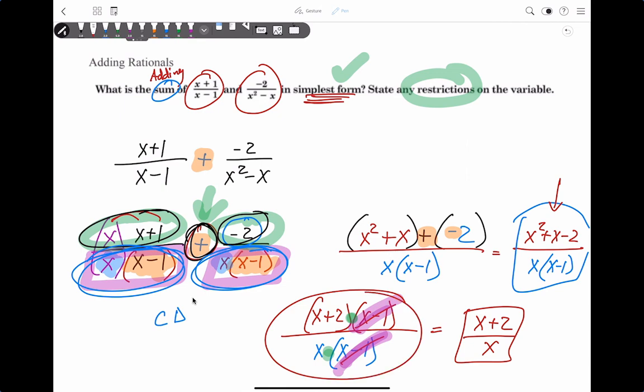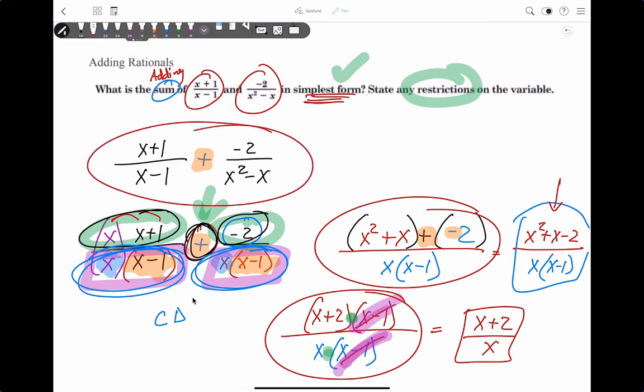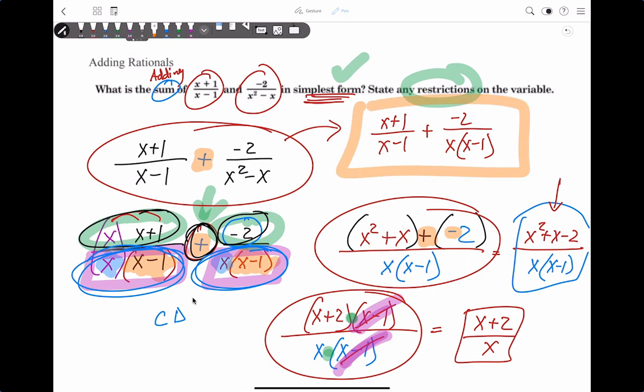by looking at the final answer before it was reduced, but also before and even during the problem. Okay, so let's go back to here when I first had x plus 1 over x minus 1 plus a negative 2 over a factored x minus 1. Here is really where I'm going to see all of my restricted pieces.